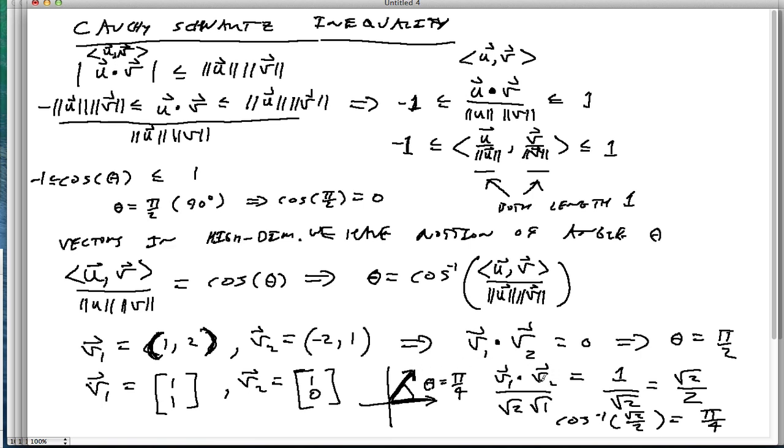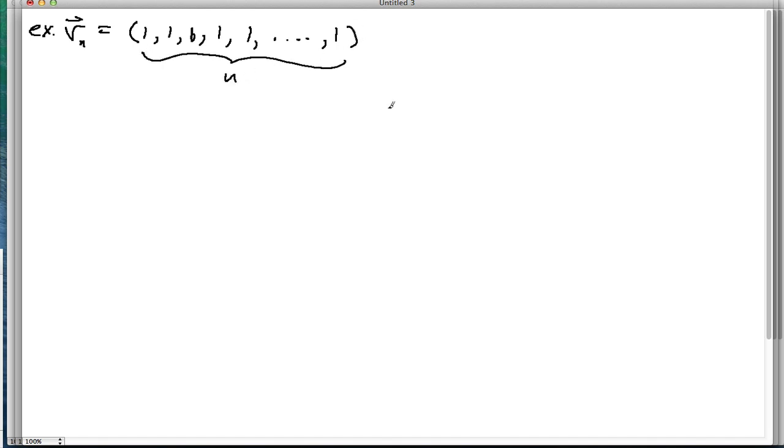All right, so that's nice. This might be review for a lot of people. But the idea is we can do this in any dimension. So now let's start with another example of another vector, and we'll call it Vn. This is our little example in high dimensions, and the vector is going to be 1, 1, 1, 1, 1, all the way to 1, and it's in Rn.